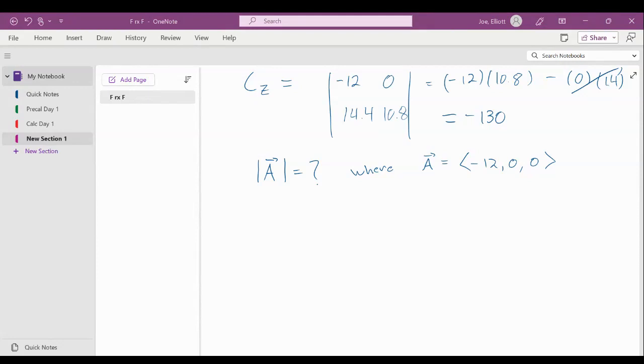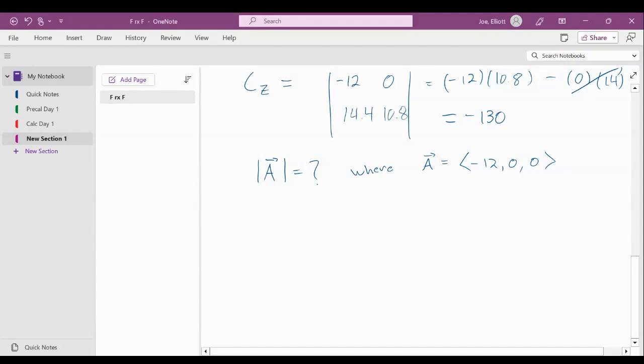So when we multiply components together, what were we using earlier? It's the dot product. The dot product is almost exactly that.